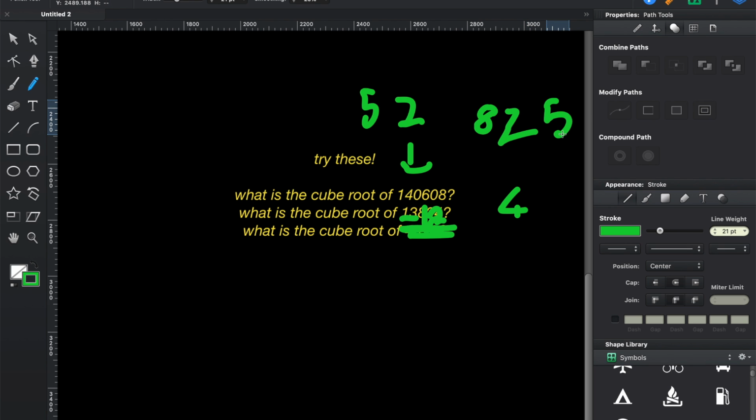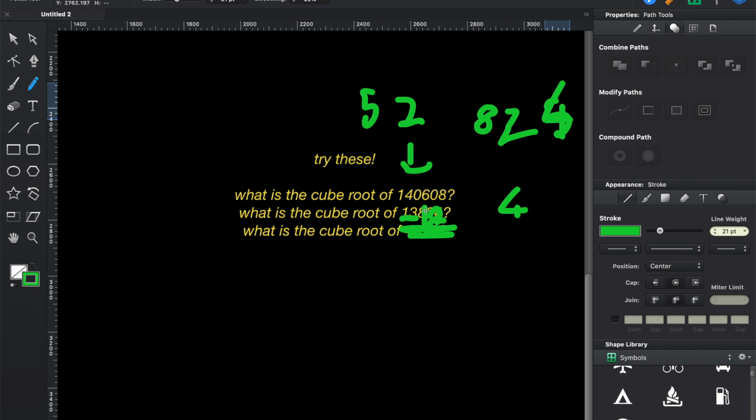I'm not looking at the other chart because I want you to try and memorize it. So 13 goes between 8 and 27. So it's going to be 2 and 3. It goes between 2 and 3, but let's go for the lowest number, 2.